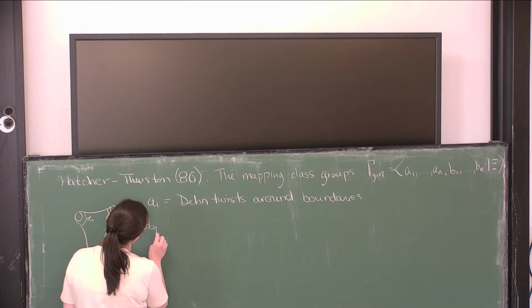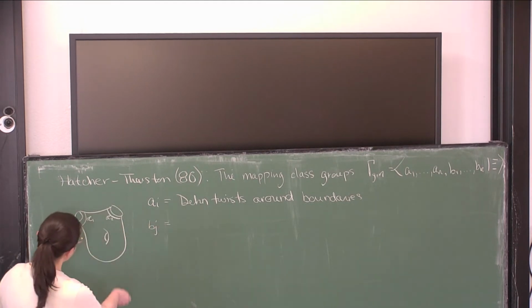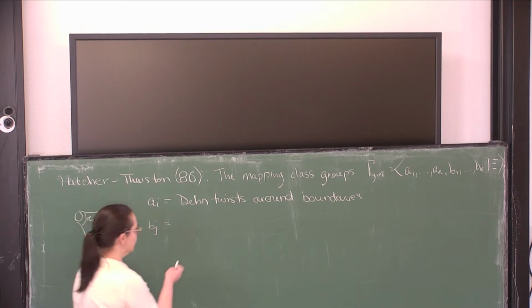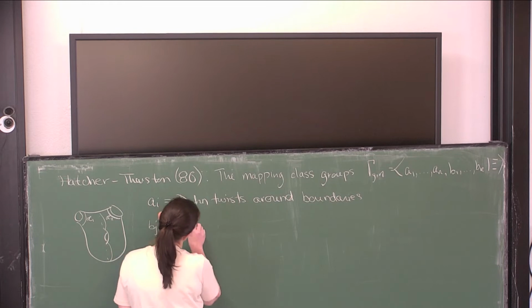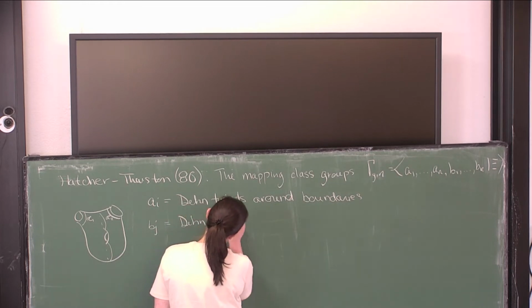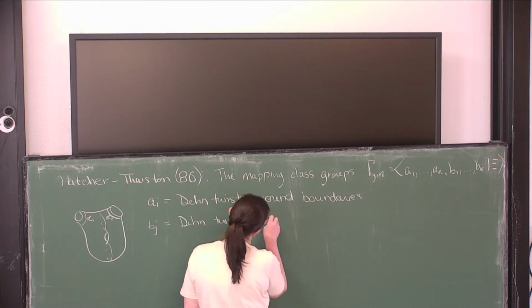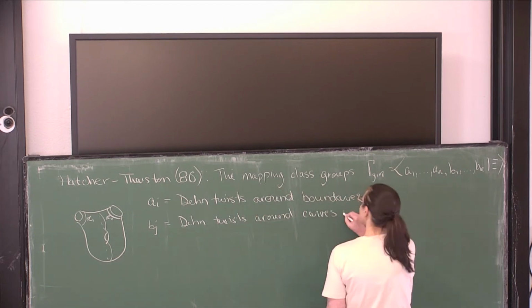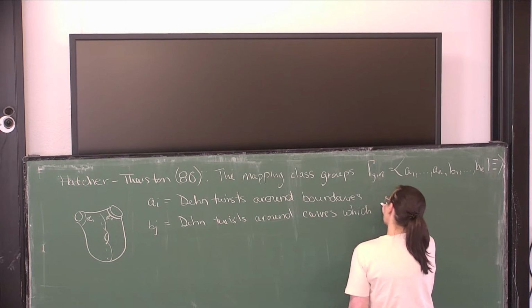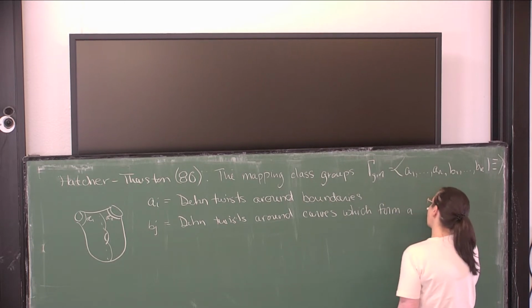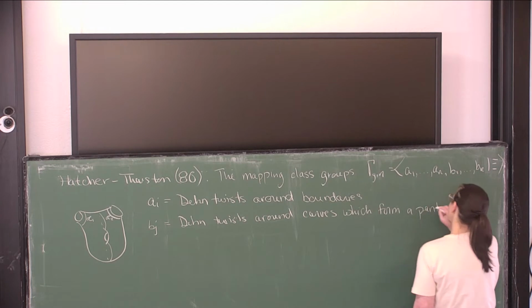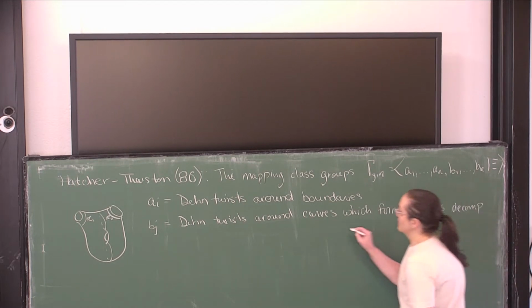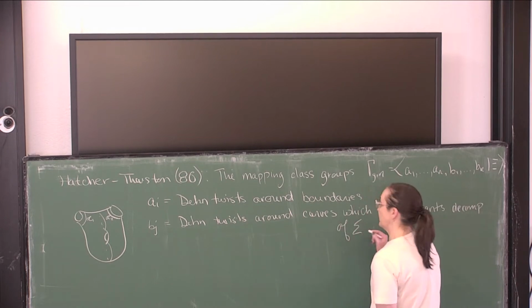And the b_j are twists around curves coming from a pants decomposition of my surface.